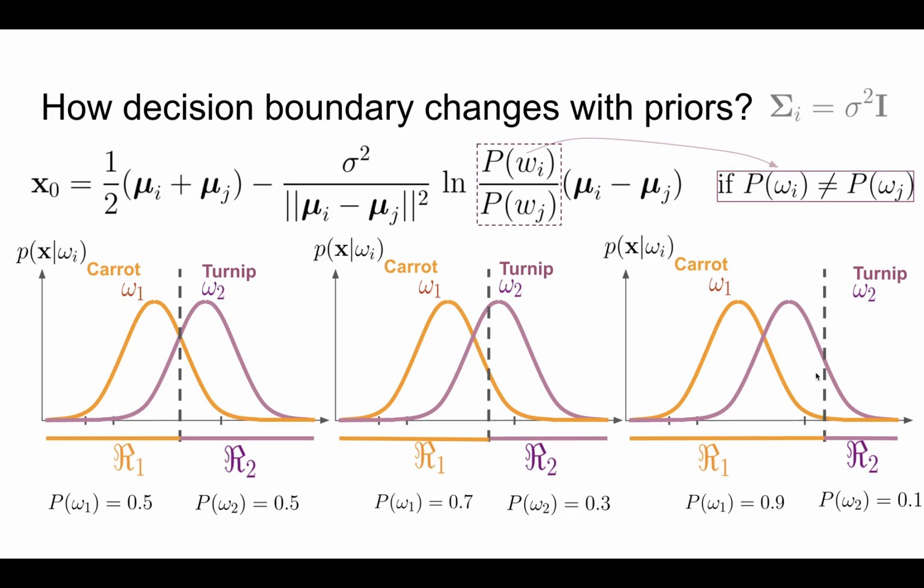And the implication of that is that we now would be wrongly classifying a lot of turnips as carrots, and the same would happen here, but then here we are completely off when we are doing the classification, and so the error rates again would be much higher.